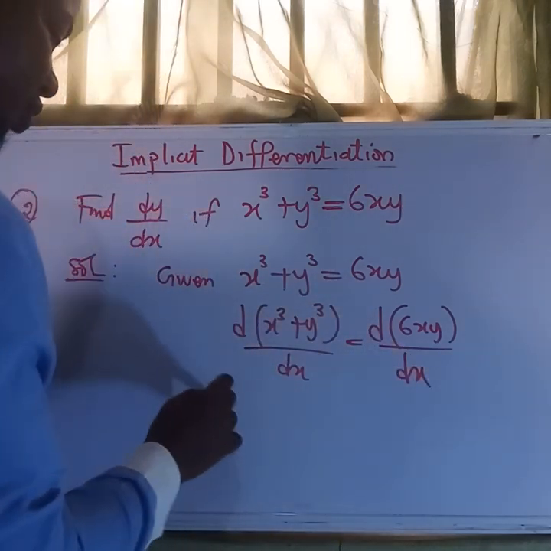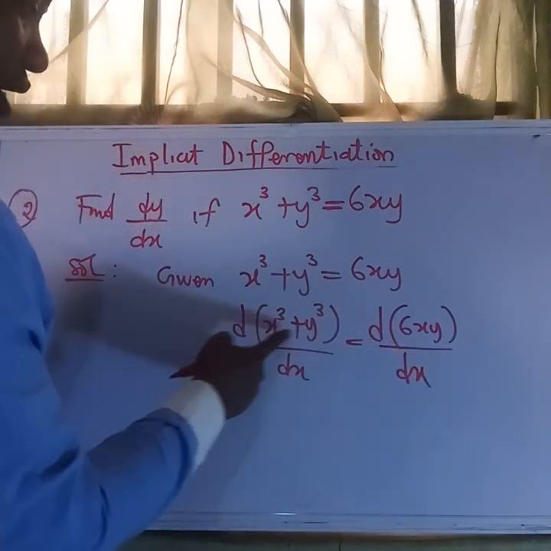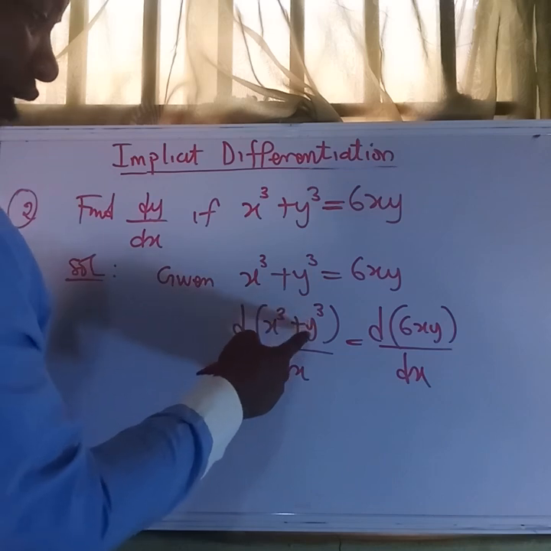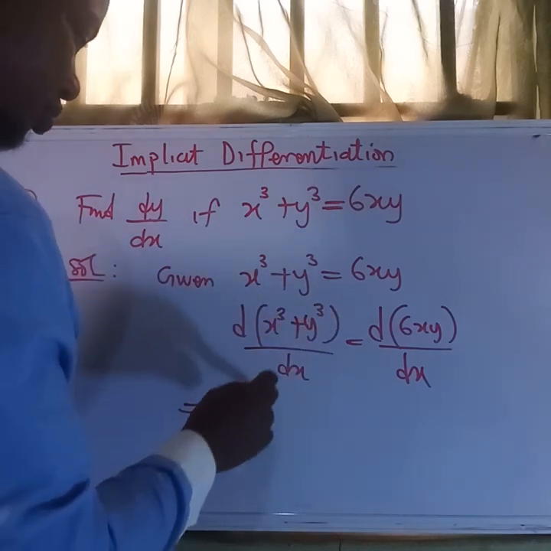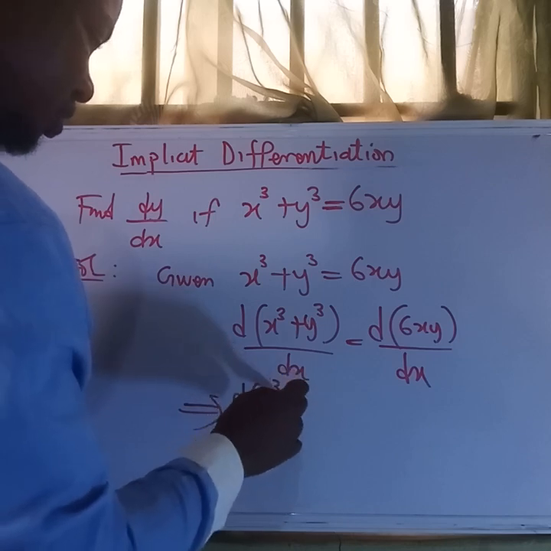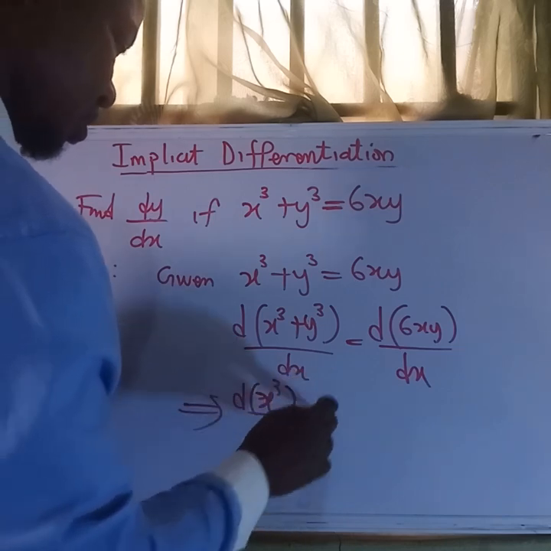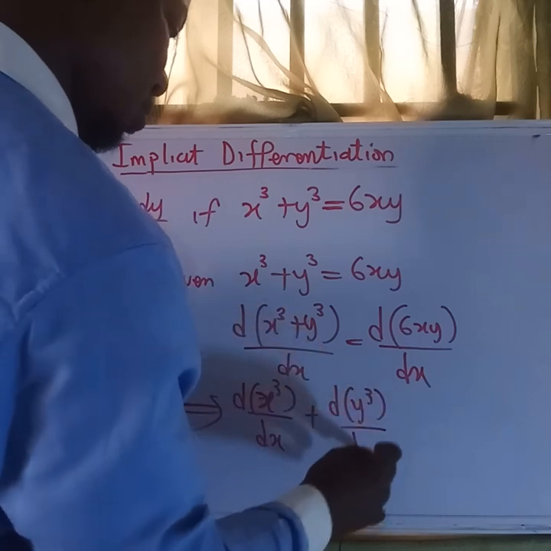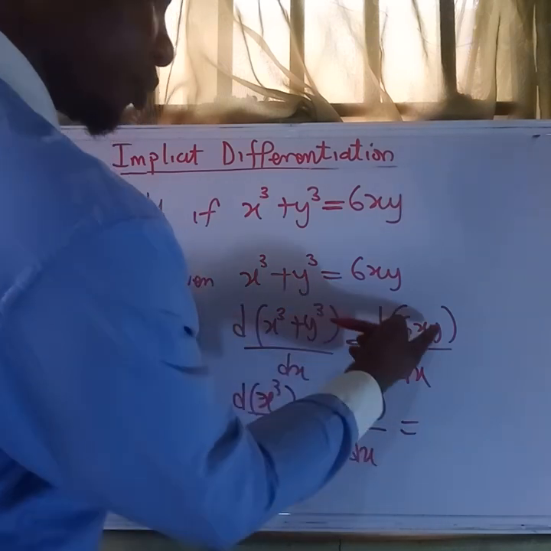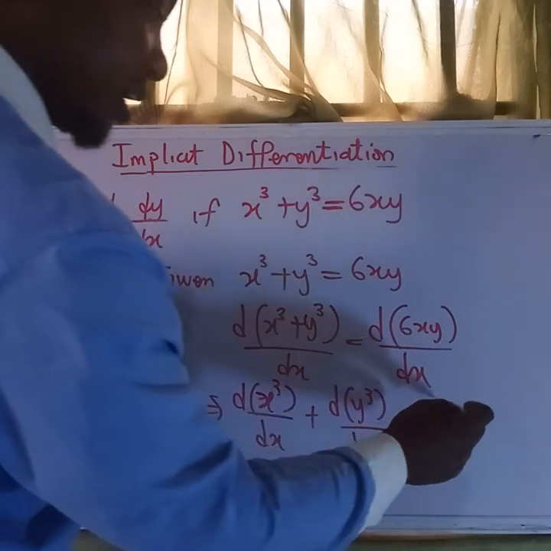Again, these two terms are written separately, so we apply the sum and difference rule, which is this, and this is this. And of course here we apply the product rule because these two terms are together.